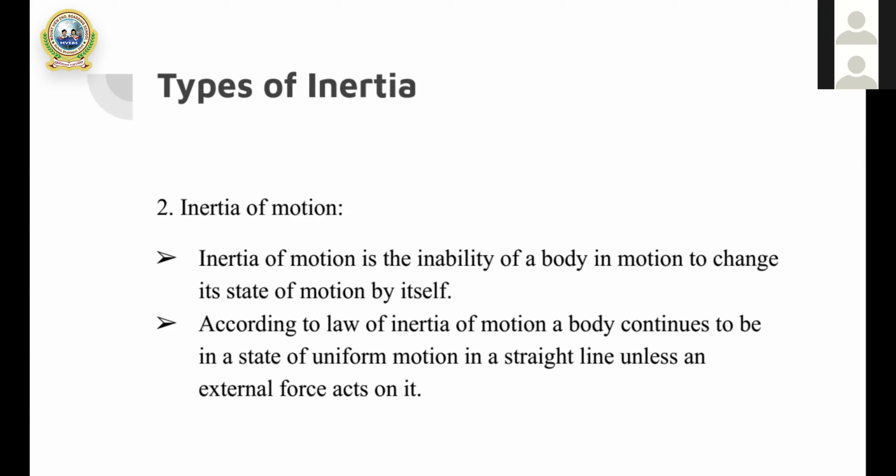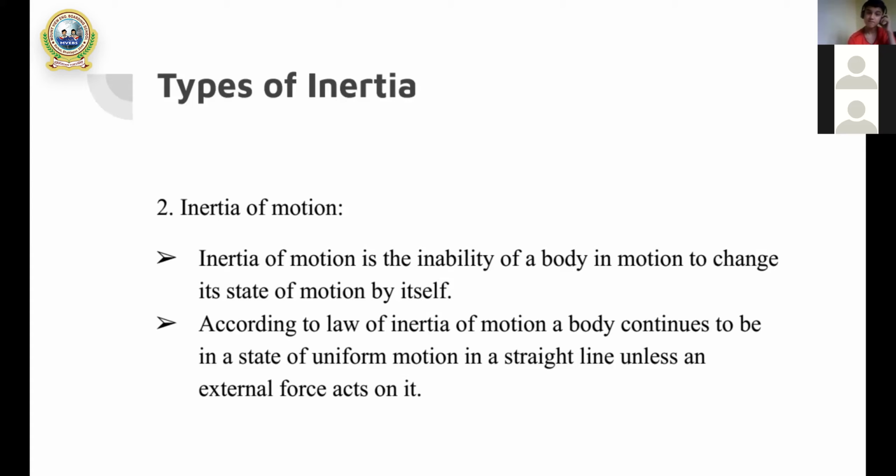A body is able to change position only when a force is applied on it by some means. Otherwise, a moving body keeps on moving. If we do not apply force to stop it and bring it to rest, the body cannot come to rest if it is in motion, and that inability is called inertia of motion.